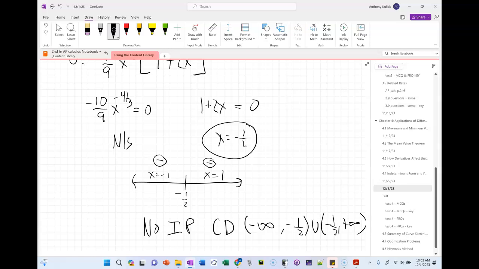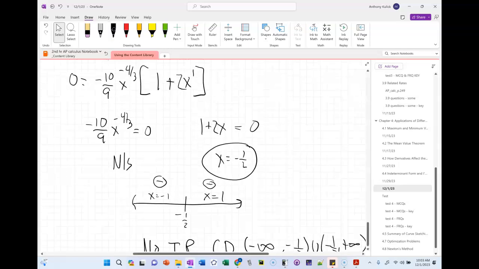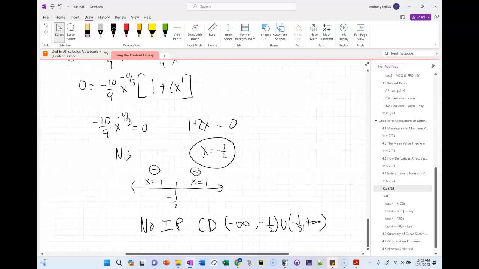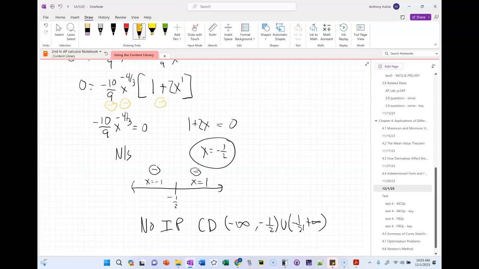F or G double prime. What I don't get about that, why couldn't you just write -infinity to positive infinity? Because the second derivative isn't negative at -1/2, it's 0. And 0 is neither concave up nor concave down. It's like a flat straight line.